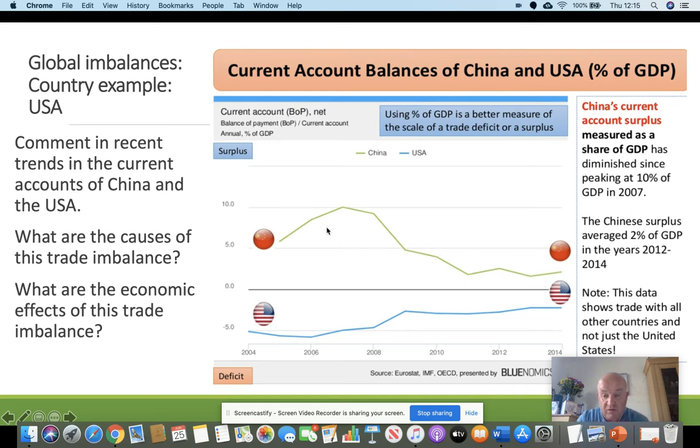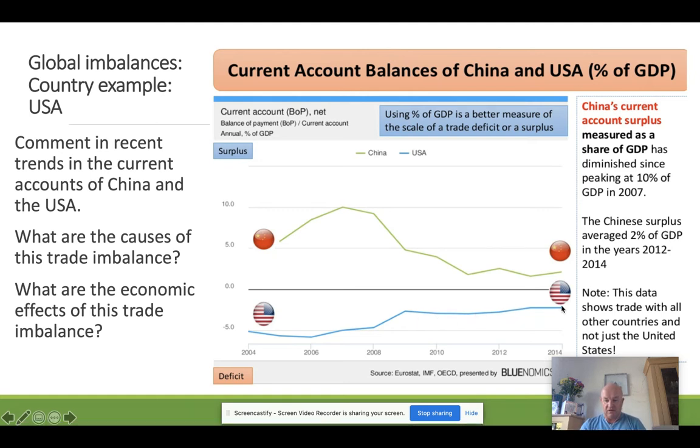And as we've described, if you think about it, if the relative figure of surplus is dropping, if we're talking about one country in comparison to another, that would indicate that to some degree there must be an improvement in the level of deficit in the other country.